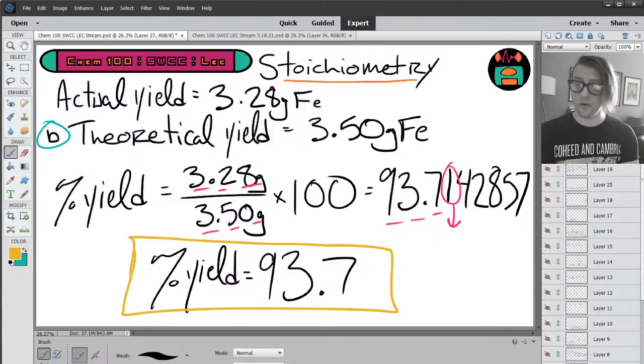So stoichiometry involves balancing chemical equations, calculating theoretical yields, calculating percent yields. All standard fare and things you want to practice and get good at.